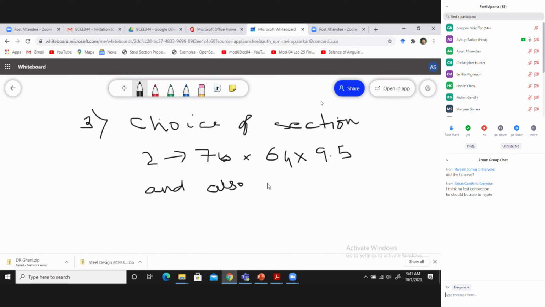By configuration I mean how we are going to orient it. Here what they have done is the longer side has been placed back to back.